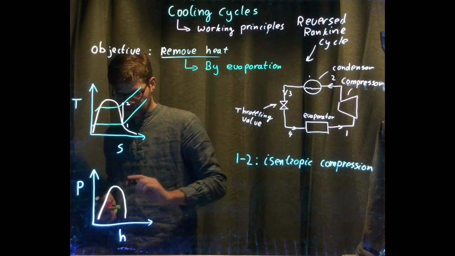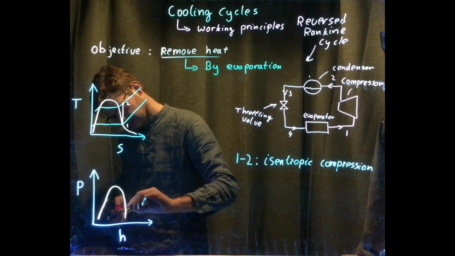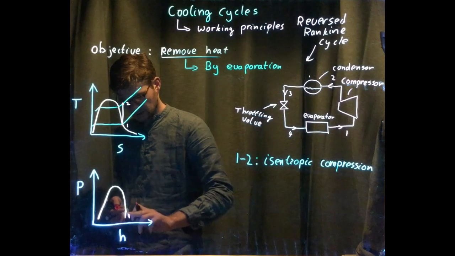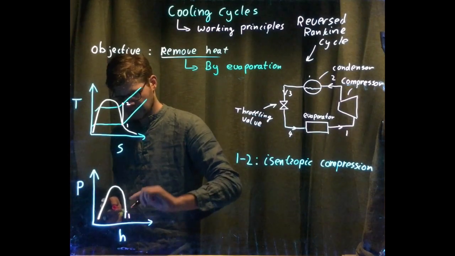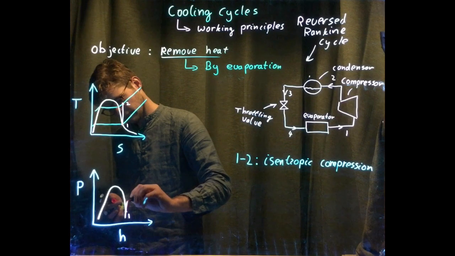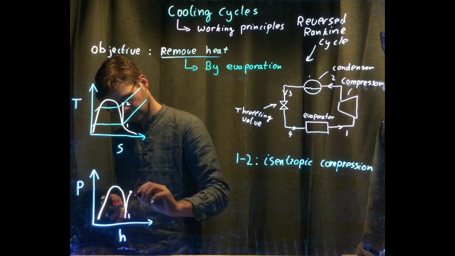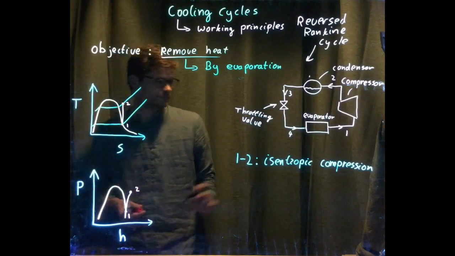And in this diagram it will look like this. From isobar 1, so point 1, at the vapor dome, in the vapor region, I'm going to increase the enthalpy by a compressor to over here. And I've increased my pressure.